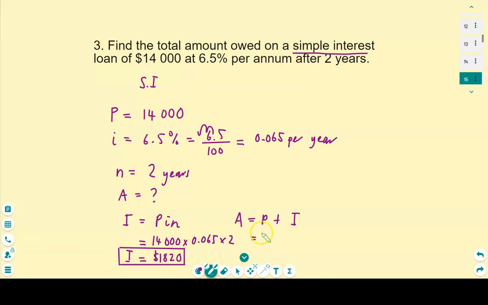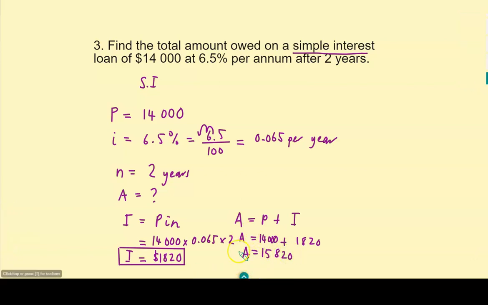And we're just going to substitute that straight in to find our total amount owed. The P was 14,000 from our little data table. And let's do it. 14,000 plus 1,820 gives us 15,820.